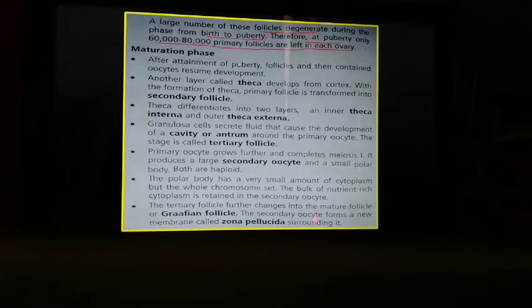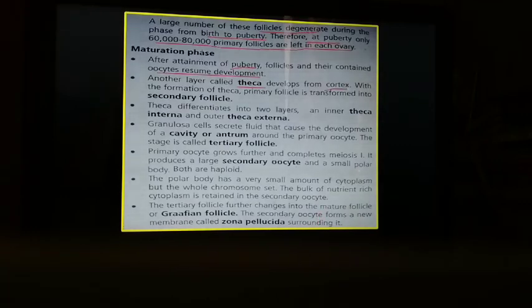In the maturation phase, after the attainment of puberty, each follicle containing an oocyte resumes development, and a layer known as the theca is formed, which develops from the cortex region.